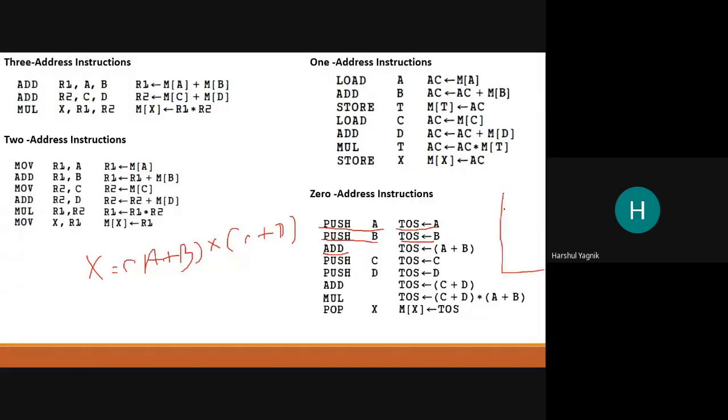Suppose this is the stack. When this instruction gets executed, operand 1 from address A will be pushed on the stack, then the next operand is pushed on the stack. Then when the addition is performed, first it will pop. These two operands are popped out, addition is performed, and the result is stored back onto the stack.